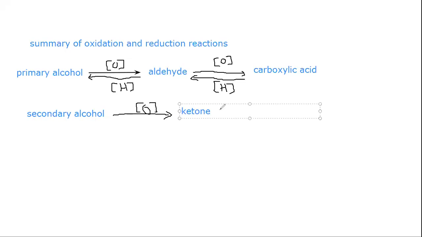And we saw ketones don't undergo any oxidation. No reaction. We saw that today. But what about ketone going back? Ketone going back is reduction. So we just saw that right now. Ketone on reduction will give you secondary alcohol.